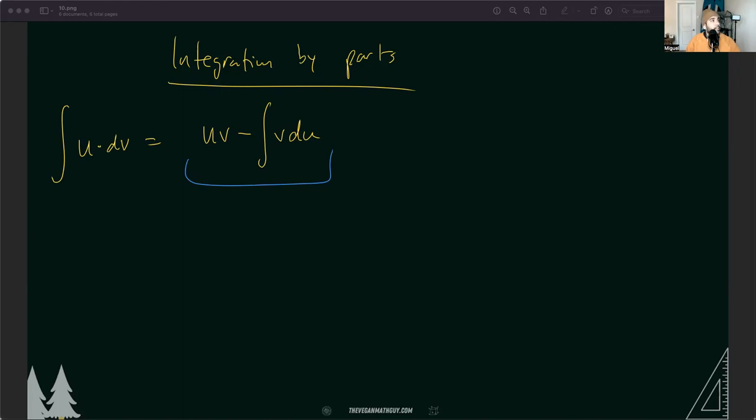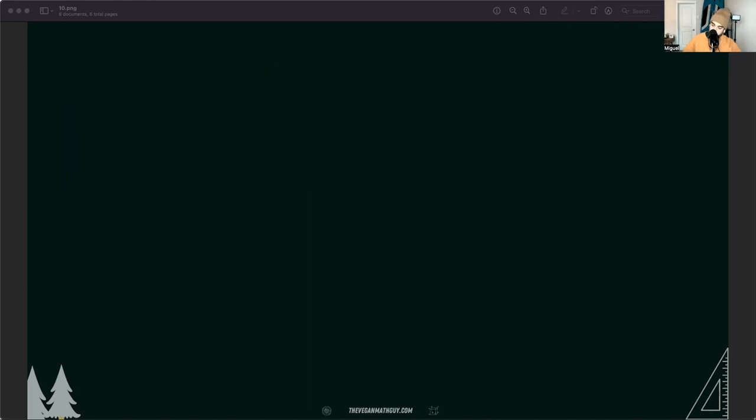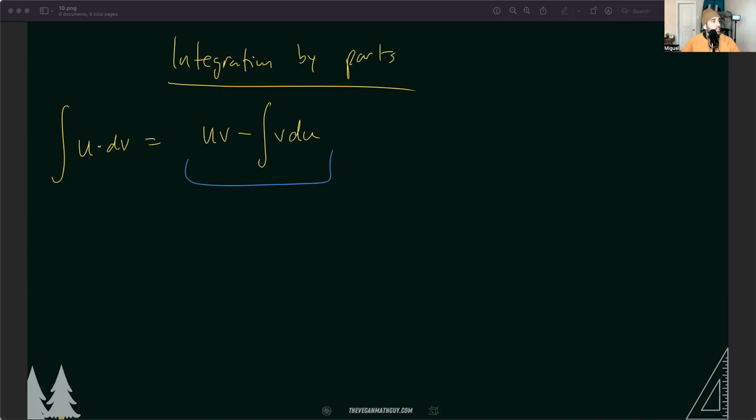So let's look at some examples that we can do. Let's start off with something like this: integral of x sine of 2x dx.